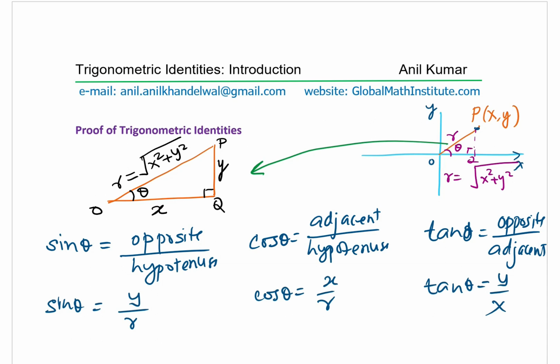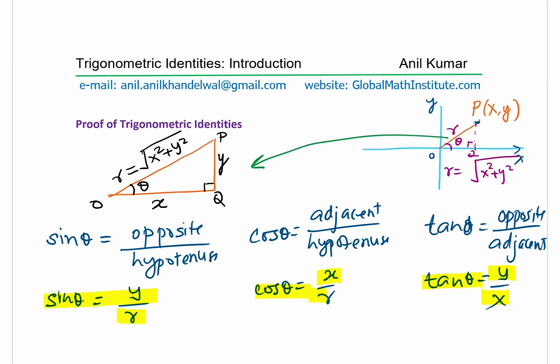Now to prove the identities, we are going to use a point on the coordinate plane and sine theta as y over r, cos theta as x over r, and tan theta as y over x. Let's begin with the quotient identity.